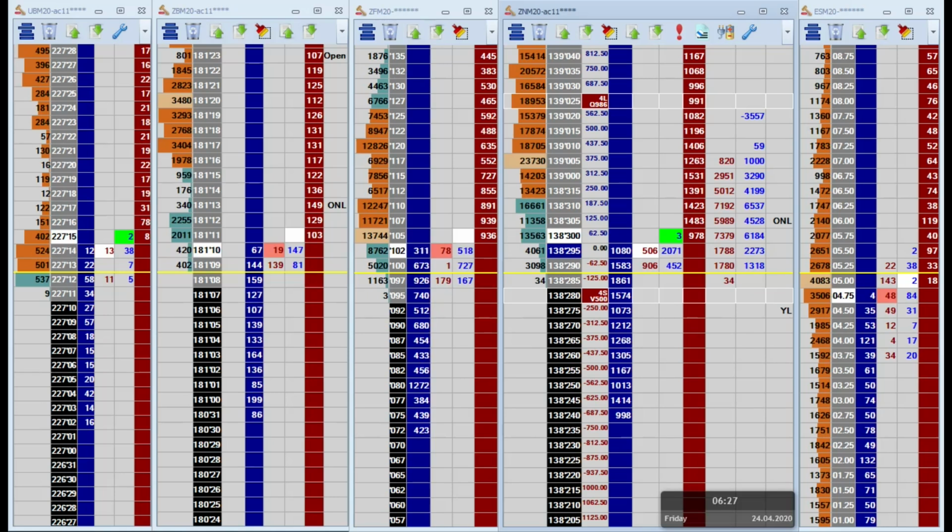So I also know that the overnight low is kind of work as a little bit of resistance as we move up. So I got to keep that in mind.